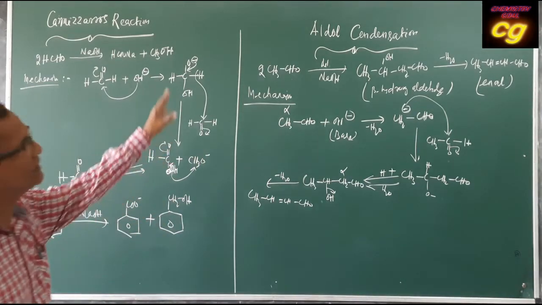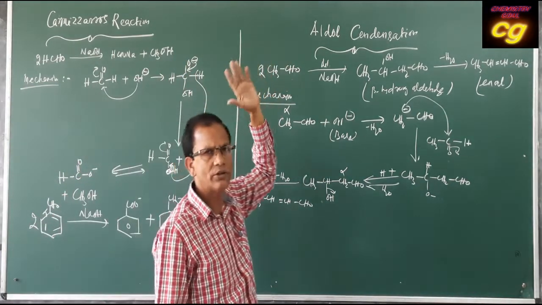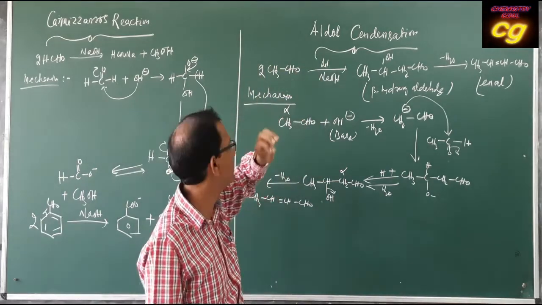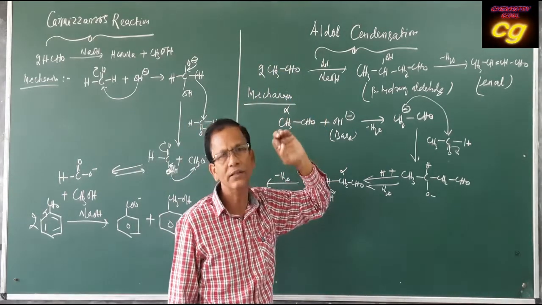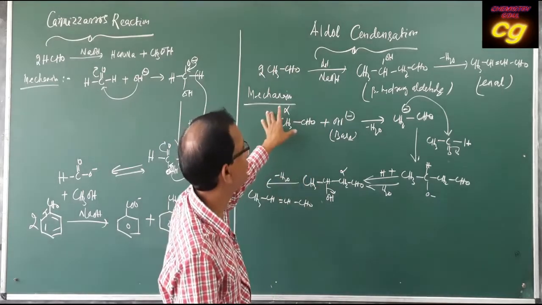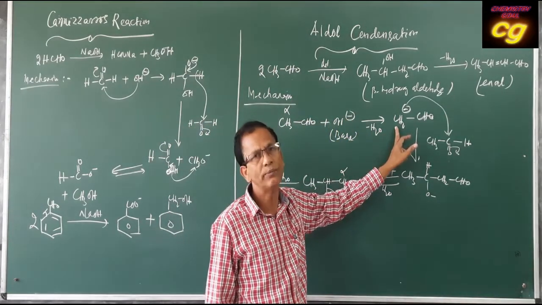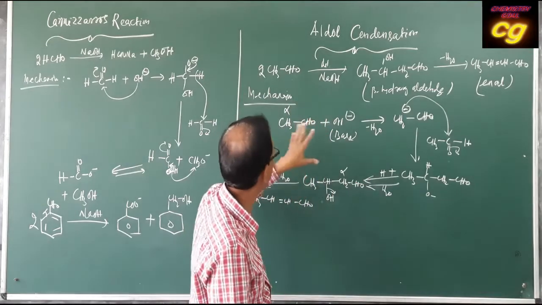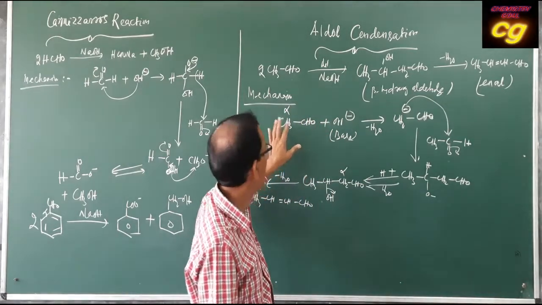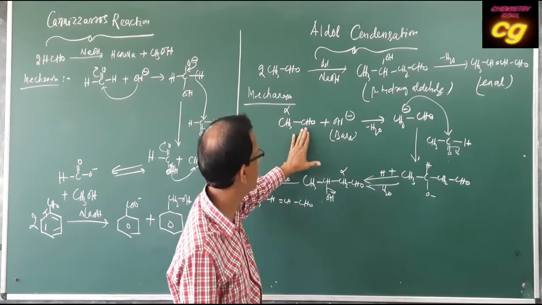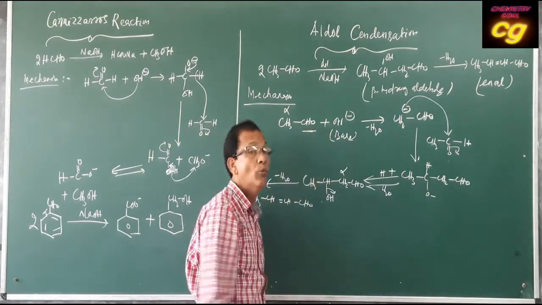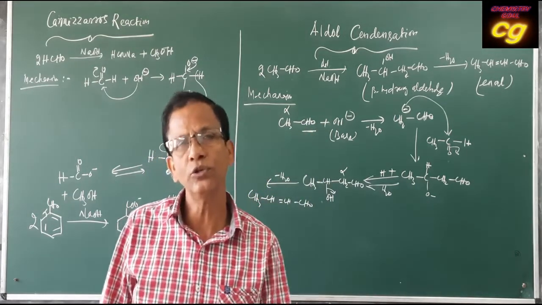But an important thing is that sometimes cross Aldol condensation takes place. Very important is where the hydrogen is removed to produce the conjugate base. The hydrogen is removed where alpha hydrogen is available, and adjacent to the alpha hydrogen there should be an electron withdrawing group.